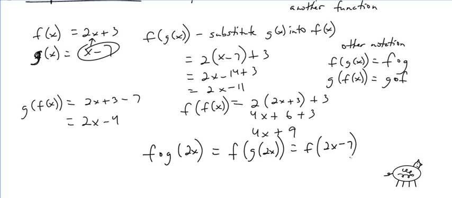Right? Because that's what g of x is, again, your x minus 7, so I'm putting a 2x in there. And then I take that and I put it into 2x plus 3. So it's really 2 times 2x minus 7 plus 3, or 4x minus 14 plus 3, or 4x minus 11. Okay? So that's just kind of some basic things with composite functions.